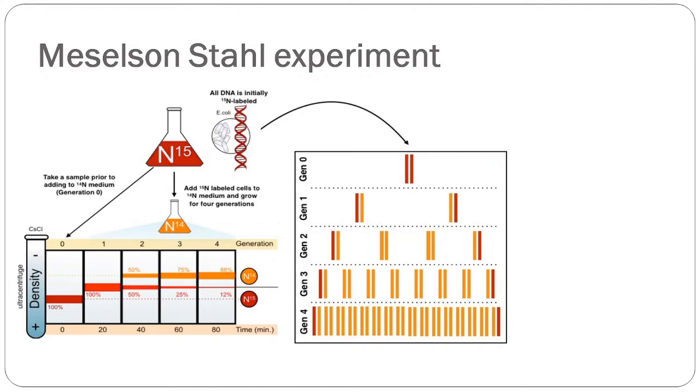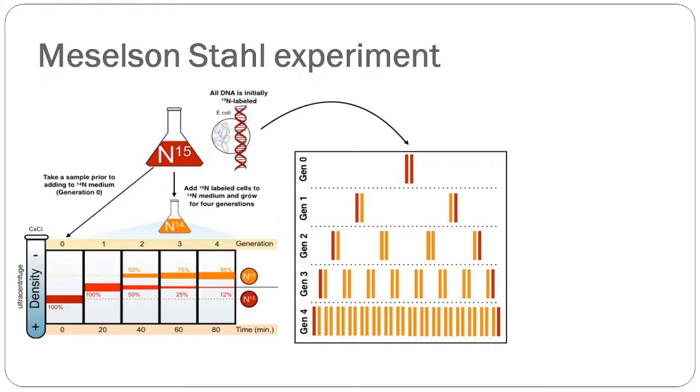First, they took heavy nitrogen, that is N15. You can see over here N15. They took a medium in which heavy nitrogen was available. So when E. coli was cultured on heavy nitrogen, when the E. coli bacteria started dividing and the DNA started replicating, the heavy nitrogen was the only source for synthesizing the nucleotides.